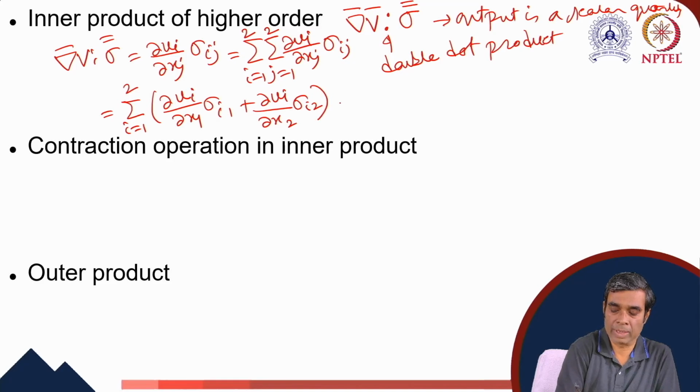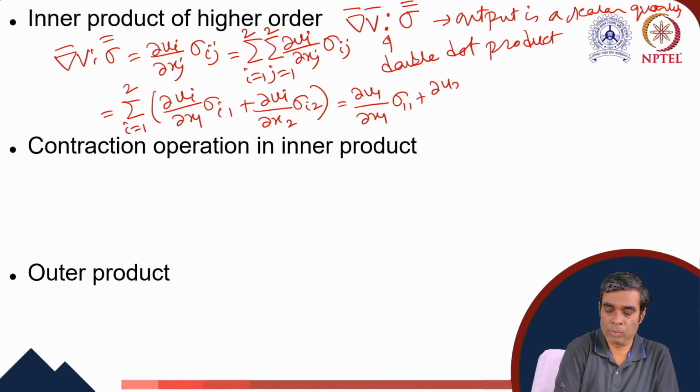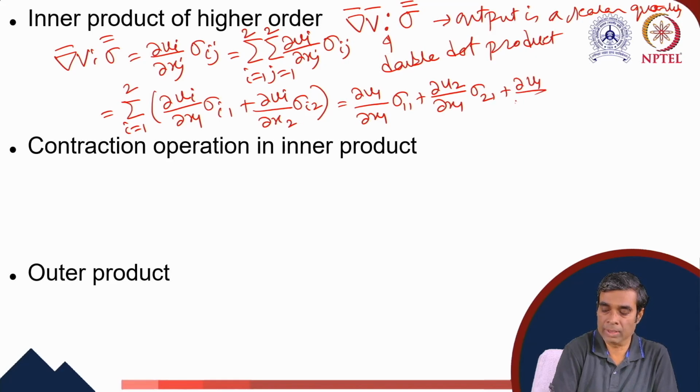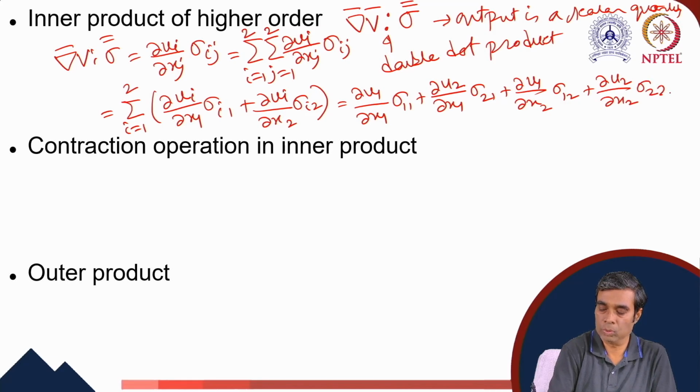We can expand over i, then we get del u1 del x1 sigma 11 plus del u2 del x1 sigma 21 plus del u1 del x2 sigma 12 plus del u2 del x2 sigma 22.